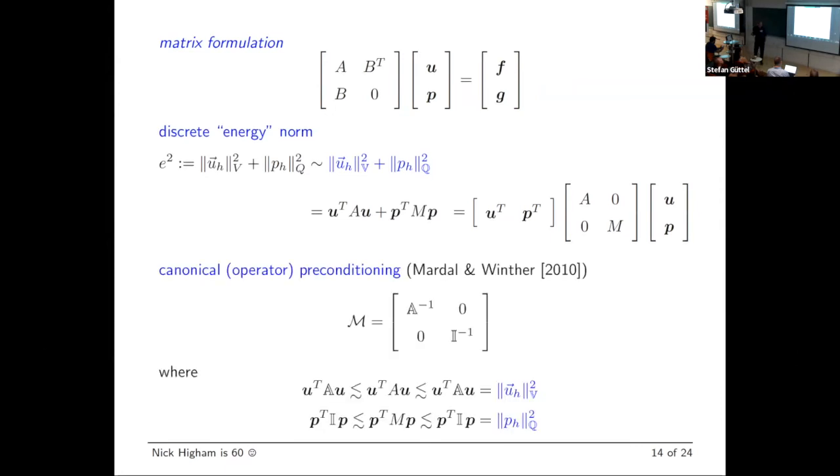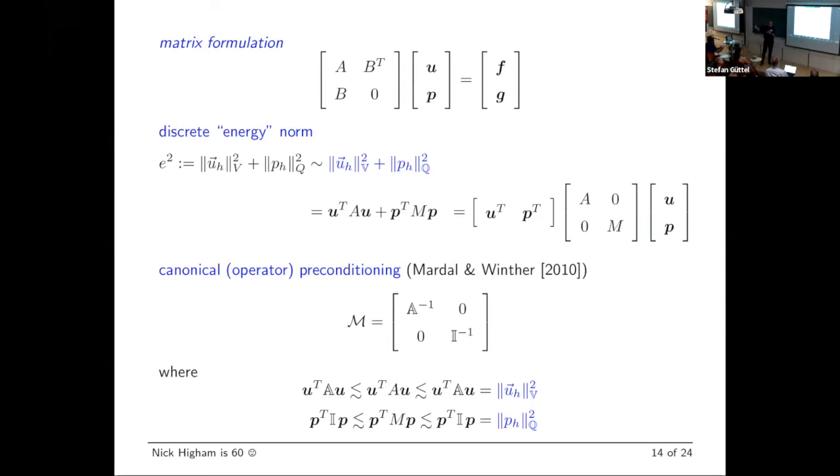And there's only one way to do preconditioning of this problem. You might think about incomplete factorizations or something algebraic, but the right way to precondition this problem is to do what's called operator preconditioning. This has been written about by several authors, but the best version of this is a paper by Mardal and Winther, 2010. And they tell you how to do it.